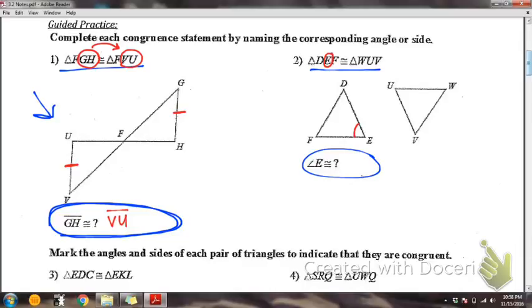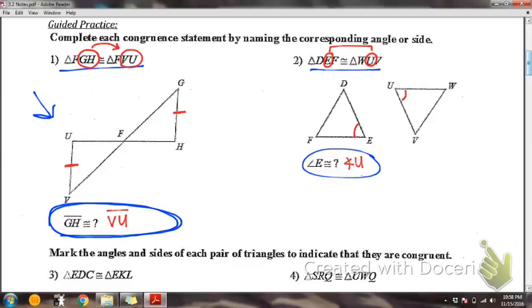E is the middle letter here, which means it corresponds with U, the middle letter here. So angle E is congruent to angle U. But you wouldn't have known that if you just guessed and looked at the diagram. Again, that's why it's critical that you look at the congruency statement, okay?